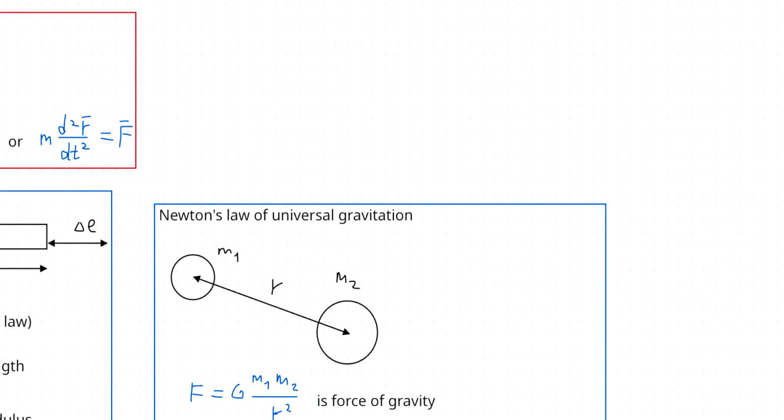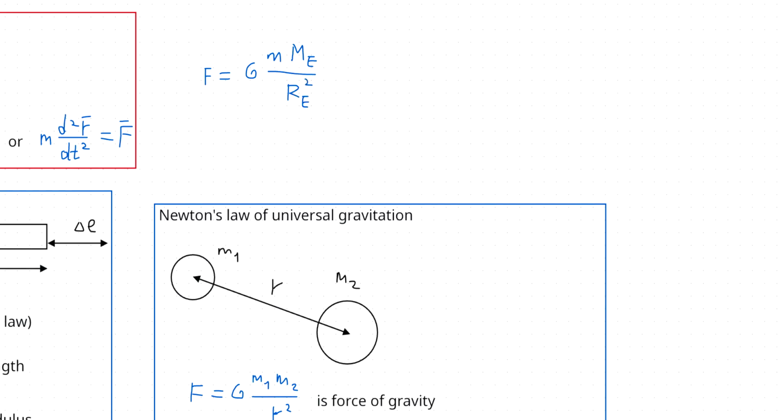In this case, the force of gravity will be equal to G multiplied by the mass of the body, the mass of our planet Earth, ME, divided by R, where R is the radius of our planet, to the power of 2.